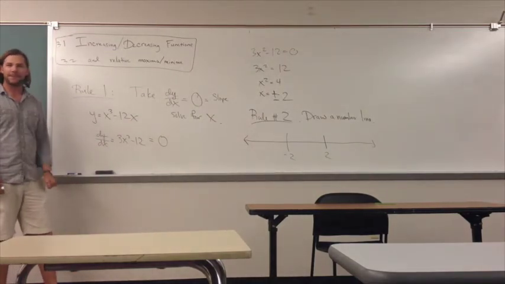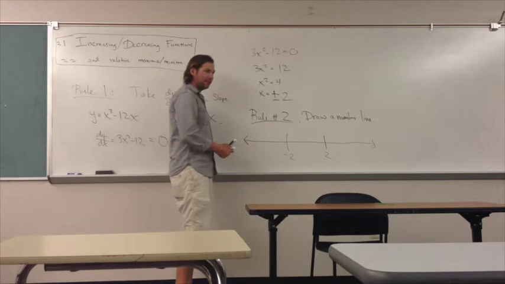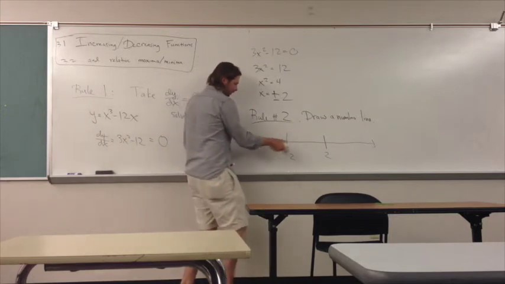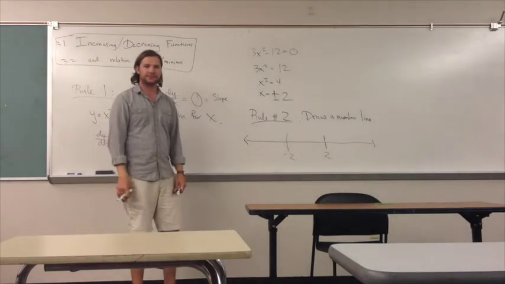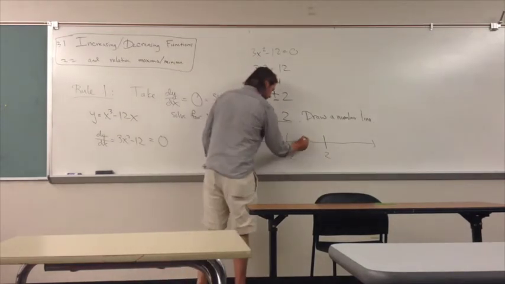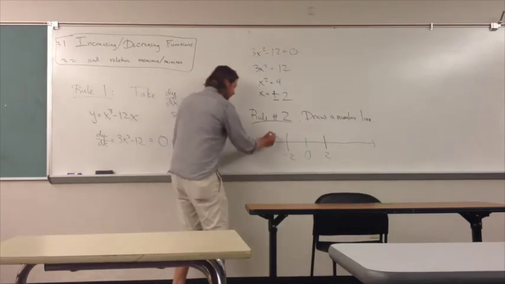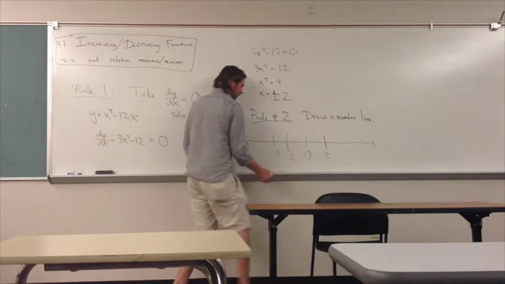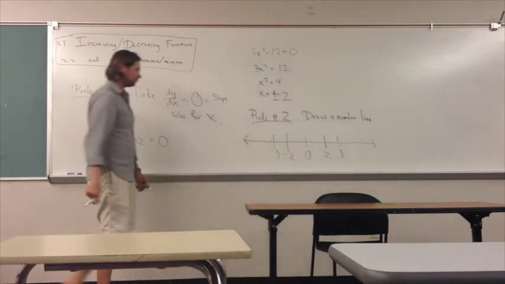Okay? Then take a deep breath and pick a point here, here, and here. Any point you want, doesn't matter. I'm going to pick 0. I'm going to pick -3. And I'm going to pick 3. Okay?